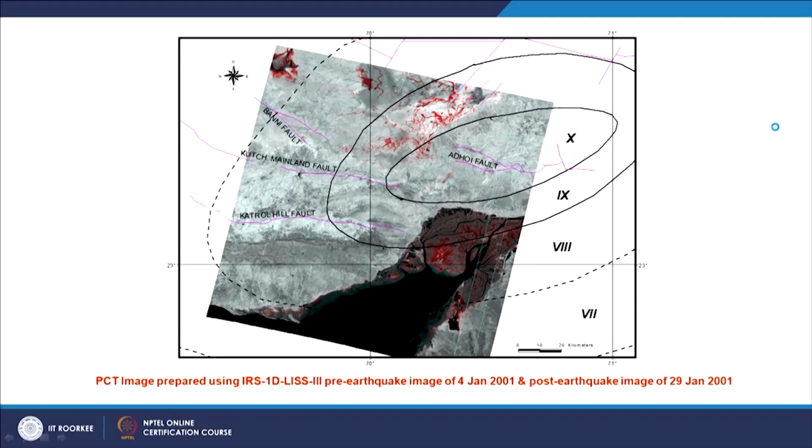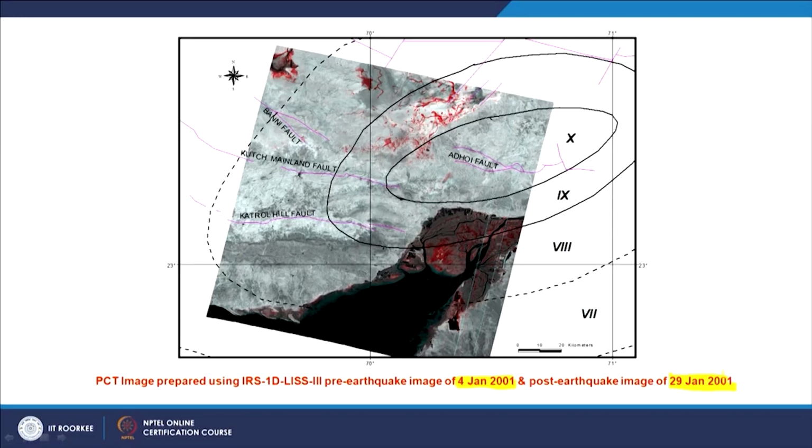One more example, and that is in playing with the infrared channel. Here we wanted to highlight whatever has changed in terms of moisture or new water bodies because of an earthquake event, we wanted to highlight or bring out of these 2 input images. So, 2 input images, that is 4th January 2001, 29th January 2001, and in between on 26th of January 2001, Bhuj earthquake occurred.